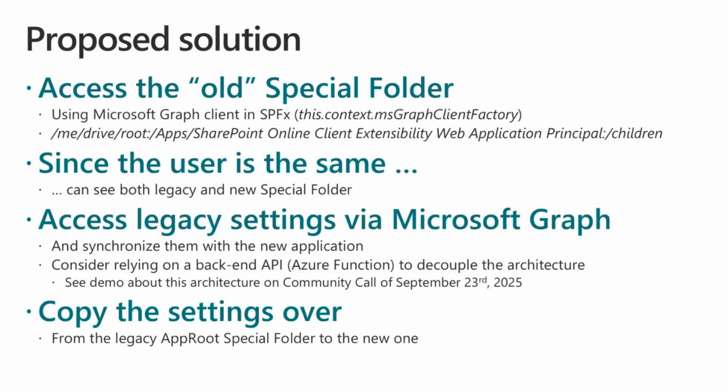As such, if you use Microsoft Graph under the identity of the user and you go to this specific path of Microsoft Graph, /me/drive/root/apps/ the name of the old application, there you will be able to find all of your settings still available to you. And if you want, you can choose to copy them over to the new special folder, or you can simply read them.